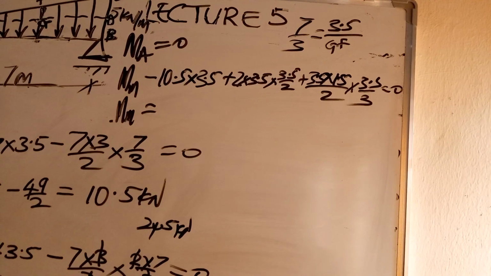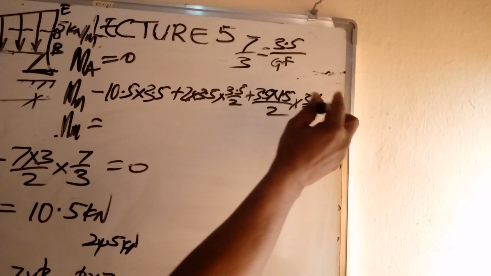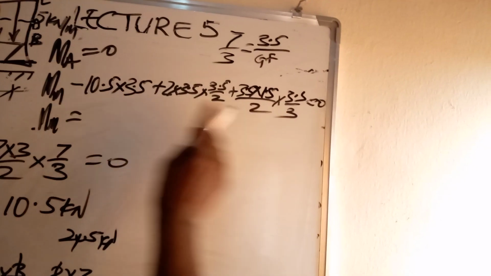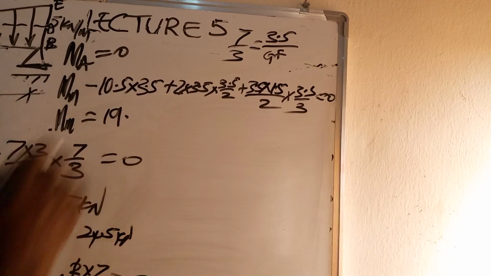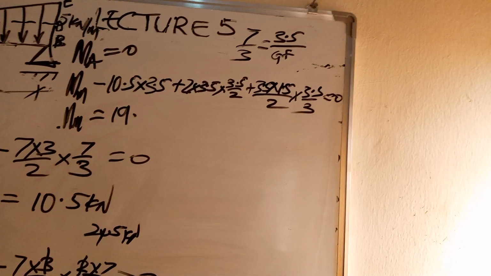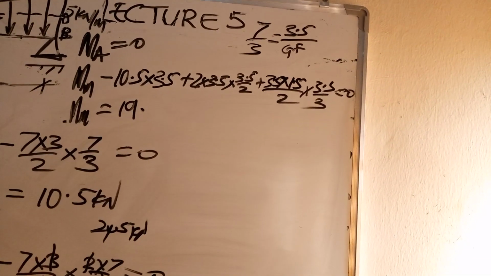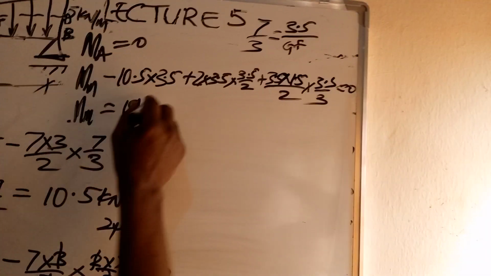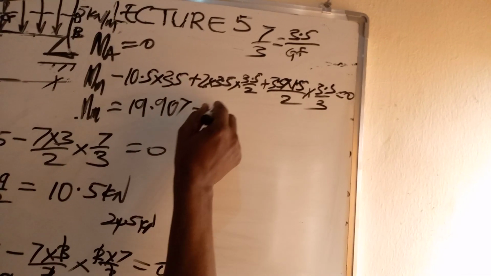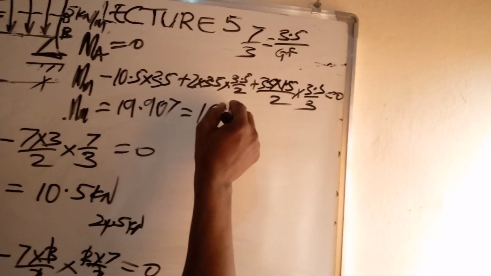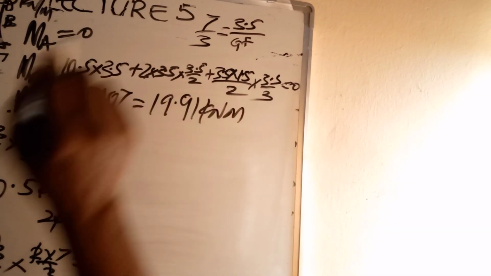if I send all this to the other side of the equality sign and change signs, it will be equal to 19.907, that is 19.91 kilonewton meter.